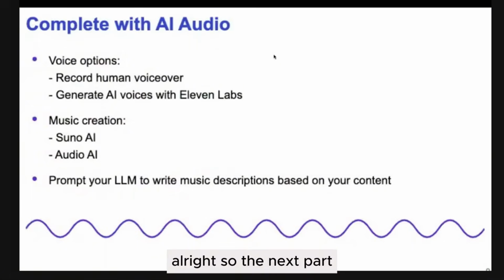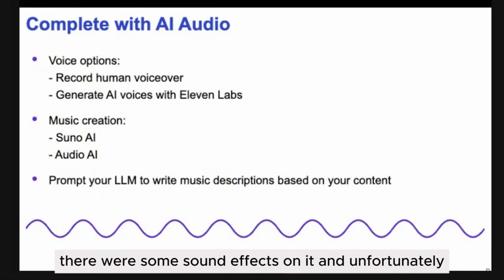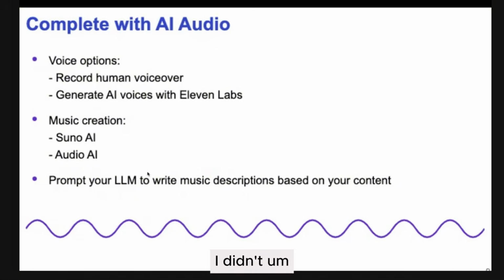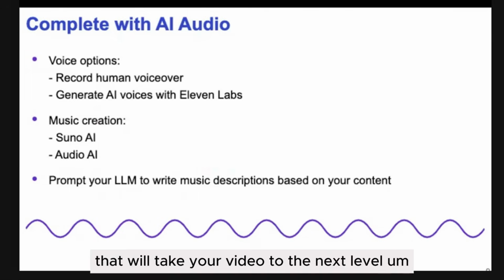All right. So the next part, if y'all remember from the two videos that I showed you, there were some sound effects on it. And unfortunately, I didn't have some of the auto correction on here. But if you want to do sound design that will take your video to the next level, definitely use ElevenLabs. ElevenLabs does voiceover.